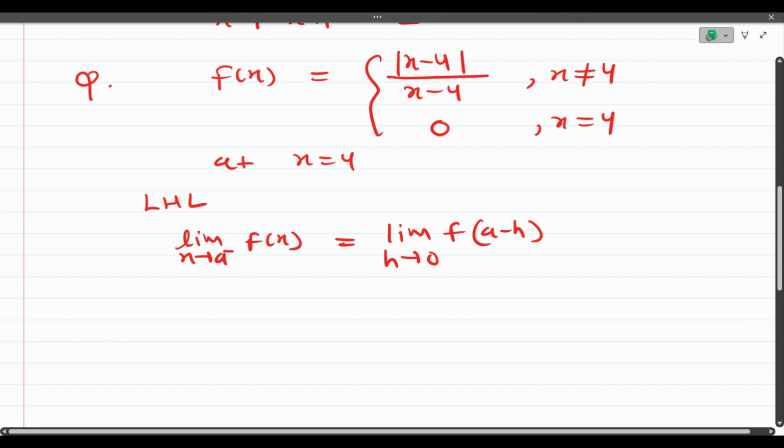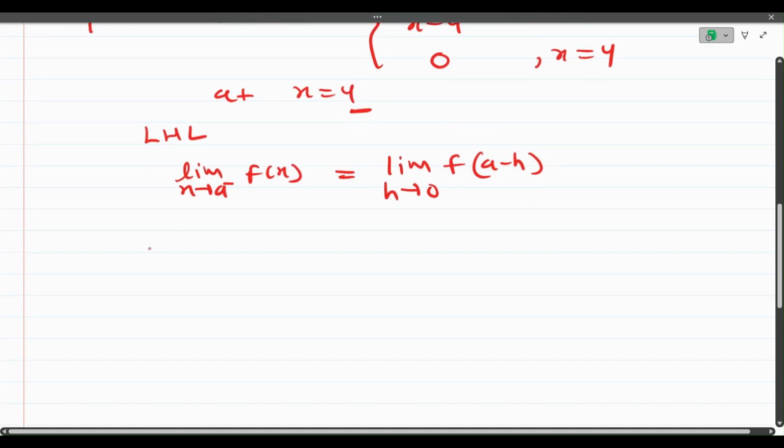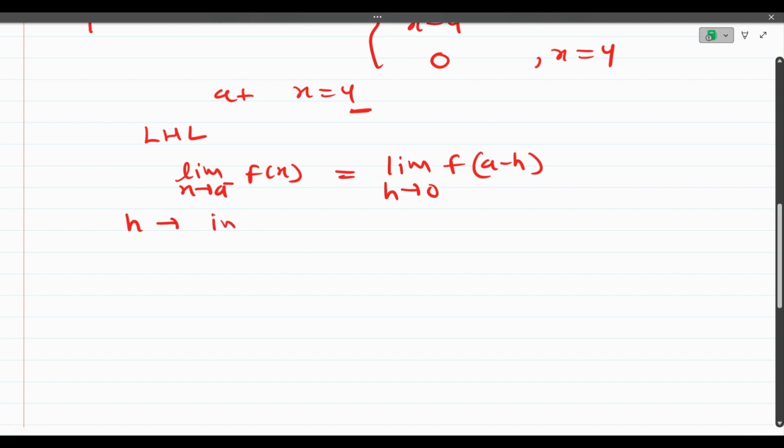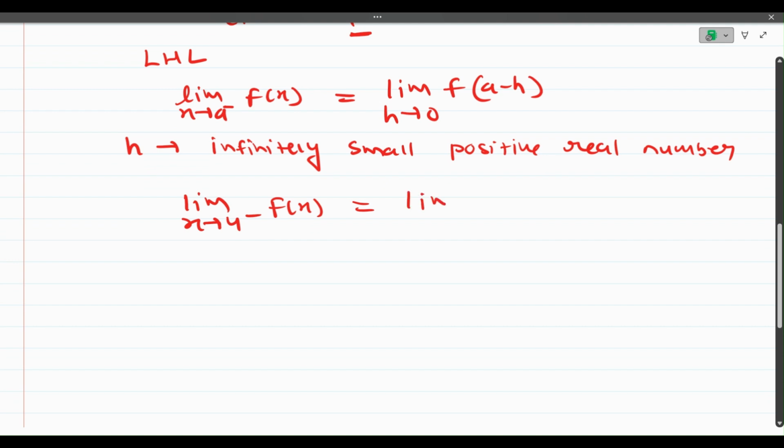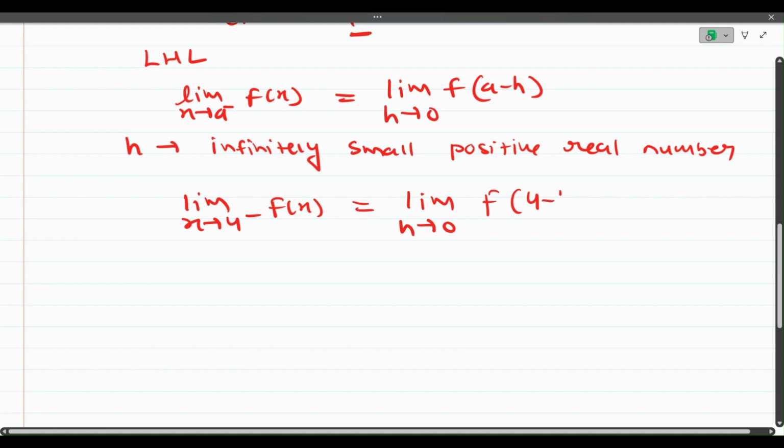So here a is 4, and what is h? h is an infinitely small positive real number, right? So here, limit x tends to 4 from the left side of f of x, we'll write h tends to 0, and this is going to be f of 4 minus h.